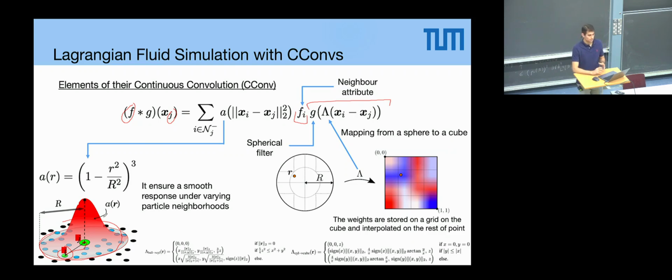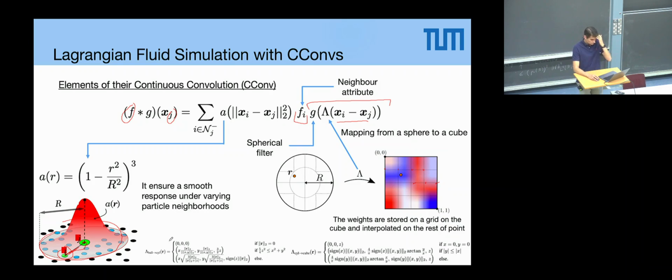But we cannot evaluate it straight away. What we do is, with this relative position, which is this one here, we transform it to another system of coordinates. We are transforming this circular domain, which we have here, into a square domain, because here we can store the location of the nodes in a regular grid like we commonly do with CNNs.